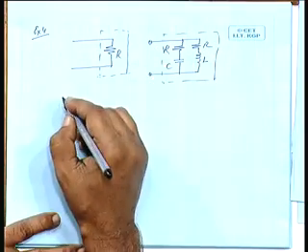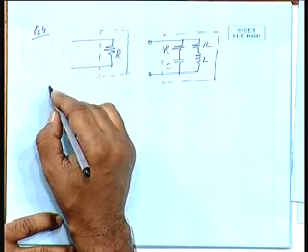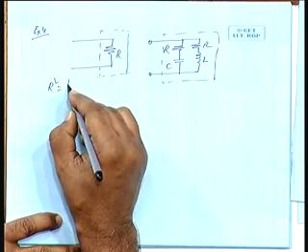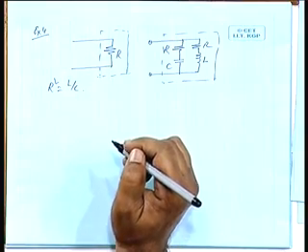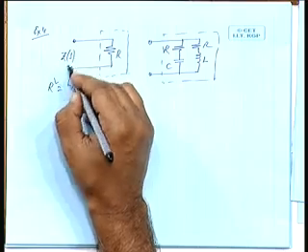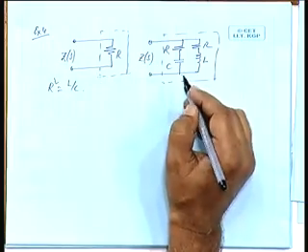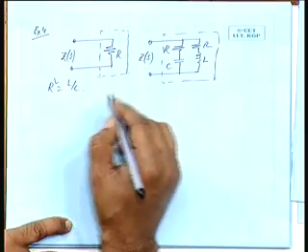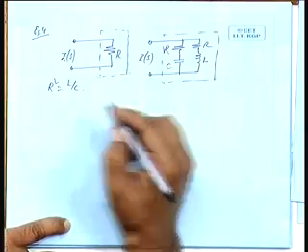The condition is R squared is equal to L by C. Show that ZS in both the cases are same. That means this ZS is having a value R.